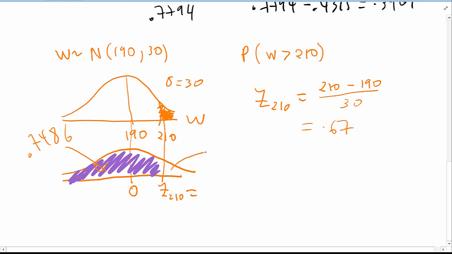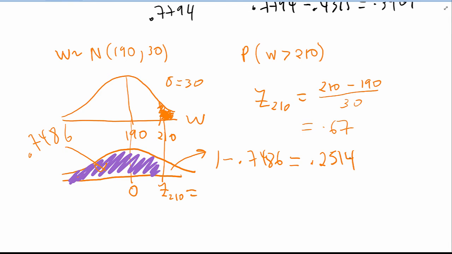We want the tail area, so that will be 1 minus 0.7486, which is 1 minus 0.7486. 1 minus 0.7486 gives me 0.2514, right? So what percentage of males weigh more than 210 pounds?